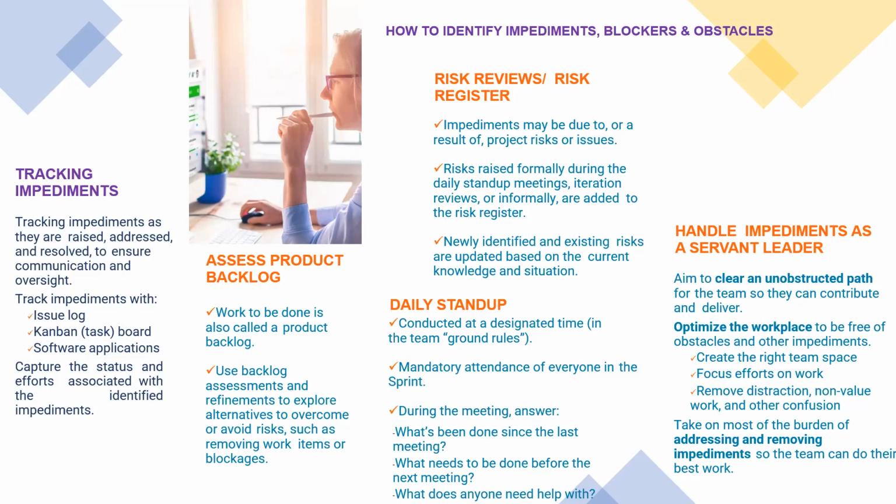Okay, now there are different ways you can actually track impediments and try to curb them so they don't raise their ugly head. And one of the ways to identify and curb impediments before they happen, or when they happen, is assessing the product backlog. Now, let me give you a good example of how this works.